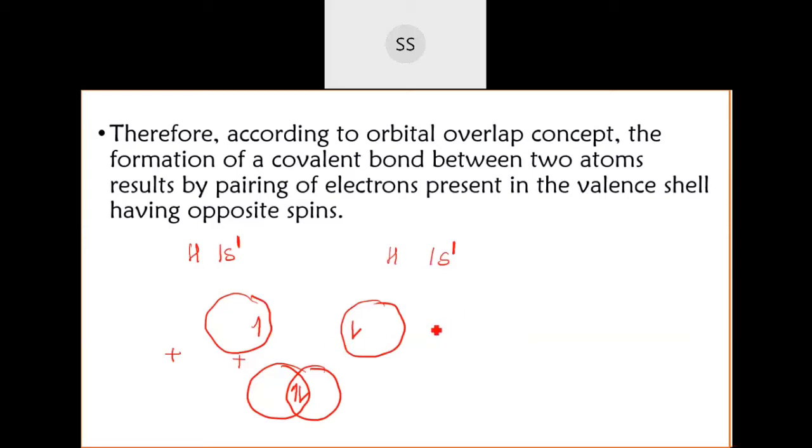So electrons and electrons were also repelling one another, and nucleus and nucleus also experience repulsion. So that has to be balanced. When the attractive force and the repulsive force get balanced, only then the bond formation happens. Suppose you get them still closer, then the repulsive force will be more dominating compared to the attractive force. If the repulsive force becomes more dominating, then finally they have to get separated.